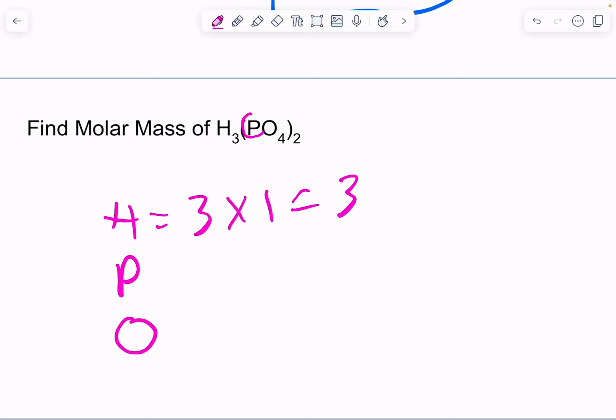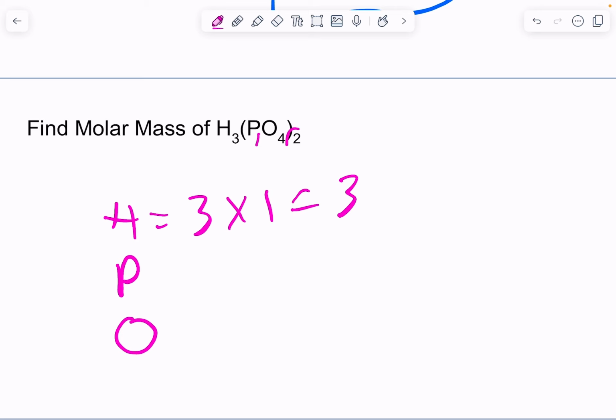Phosphorus now, we have phosphorus inside the parentheses, which means this 2 does affect this phosphorus atom. To figure out how many phosphoruses you have, you take the subscript, the bottom right of it. In this case, since there's no number there, that means there's just a singular phosphorus. So there's just one phosphorus there.